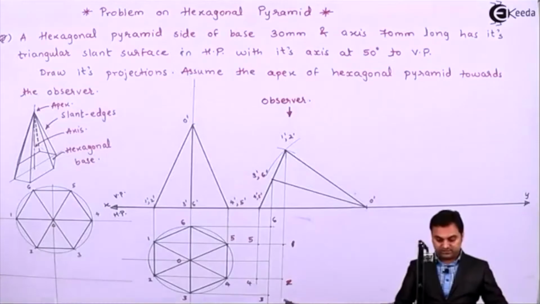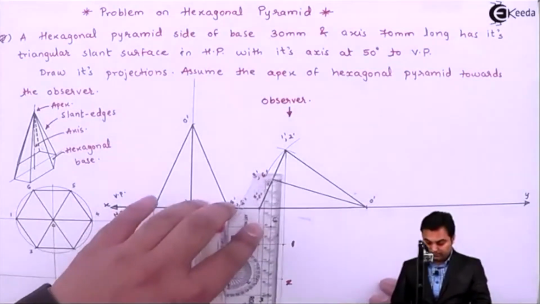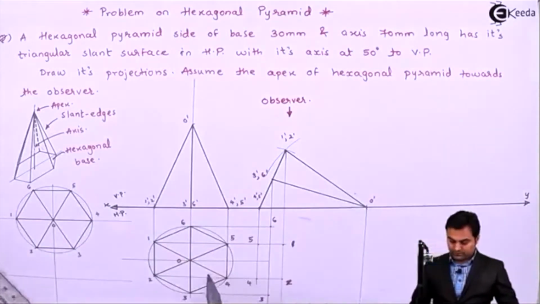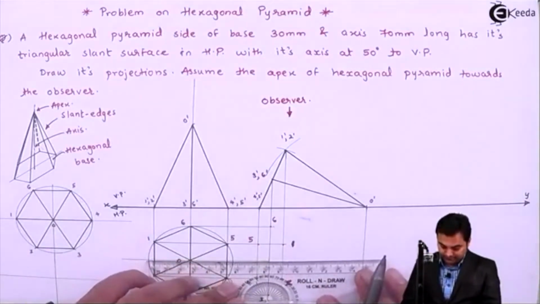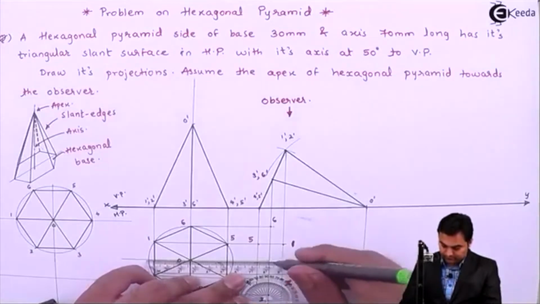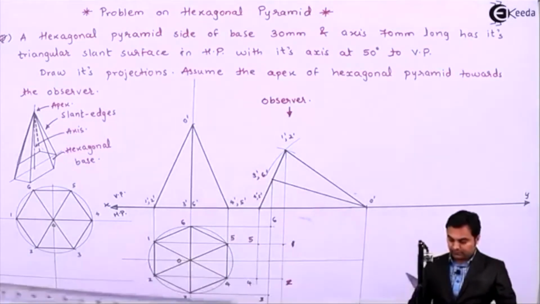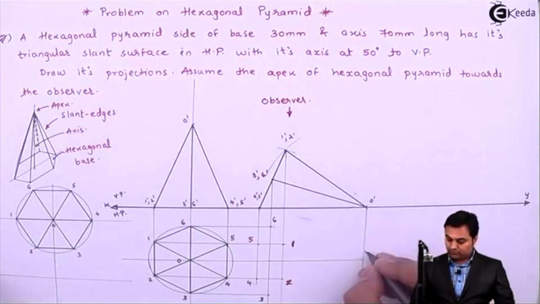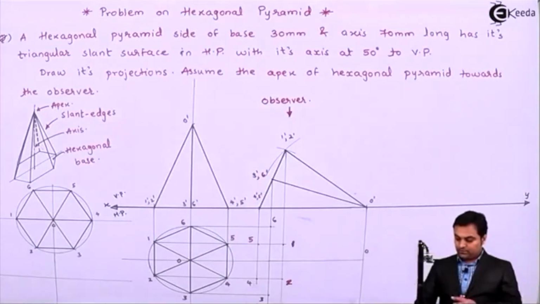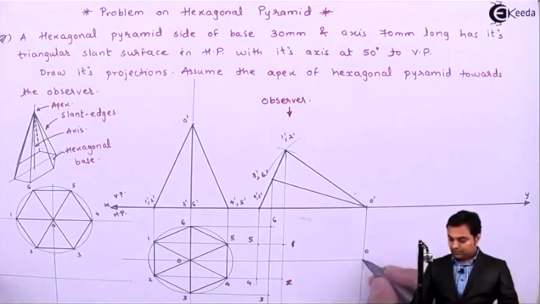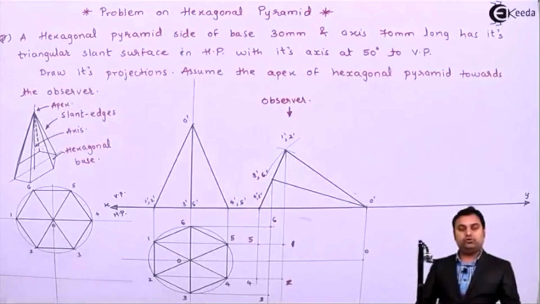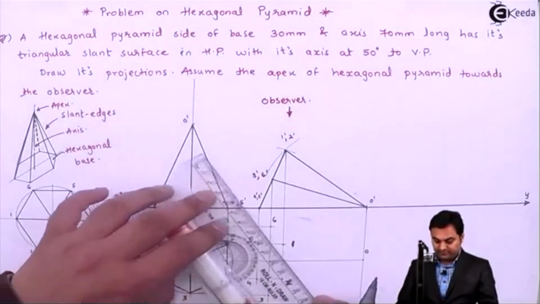Next O dash, that is the apex, will be projected down, and here point O will be projected. So where O dash and O intersect, that will give me the point O of the apex. Now when the observer is at the top, this entire base is close to the observer, so it will be visible.